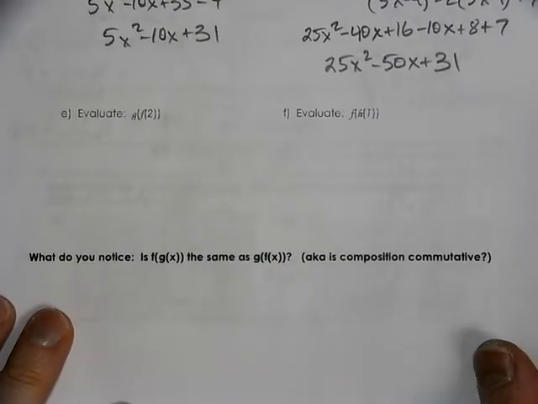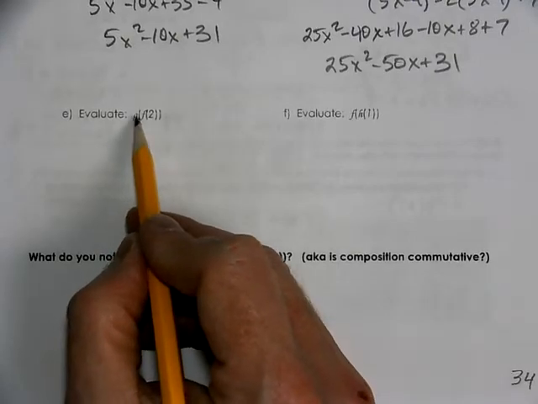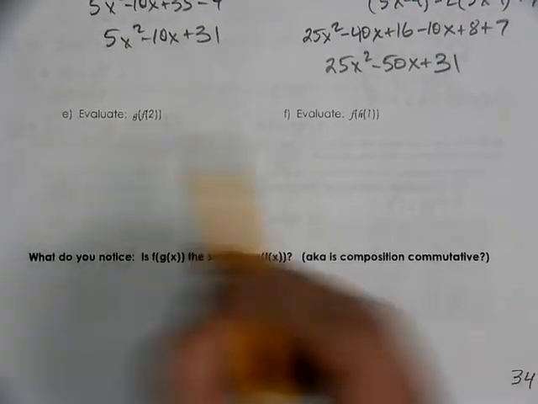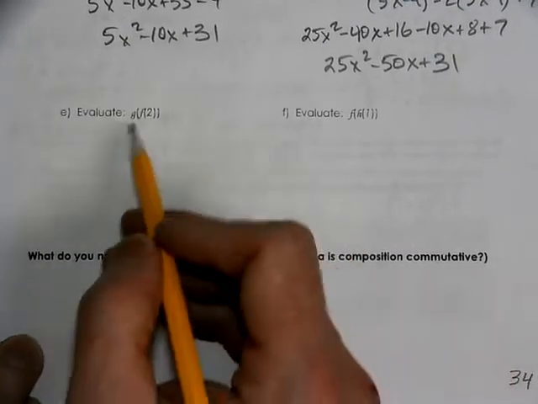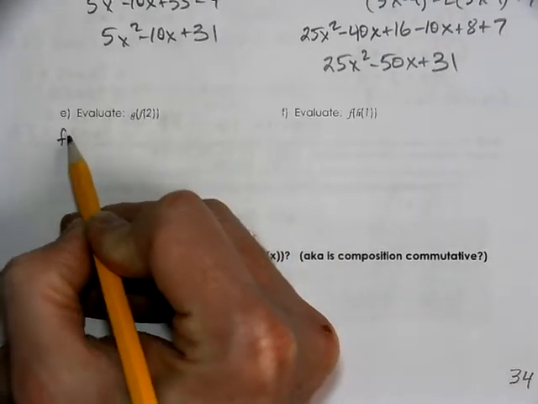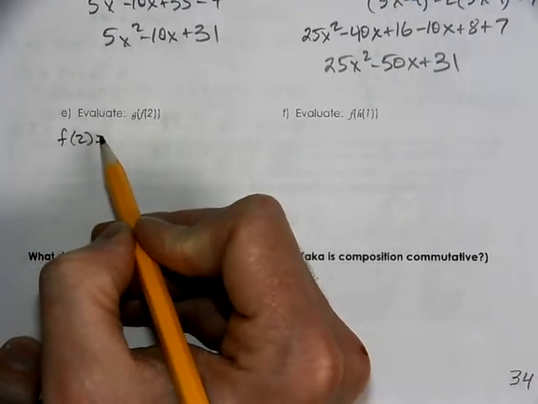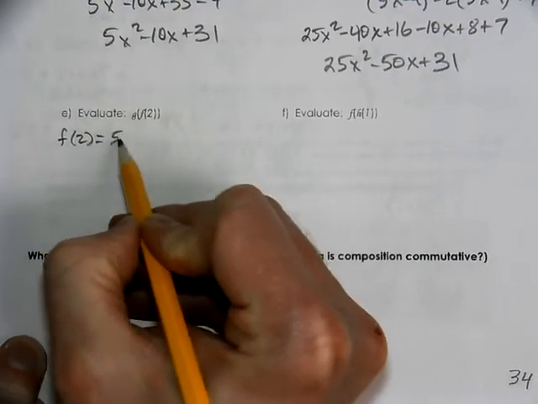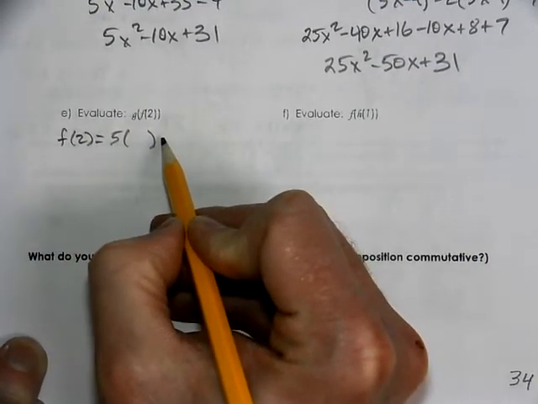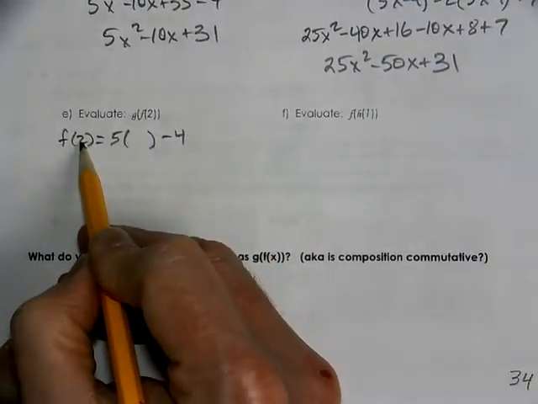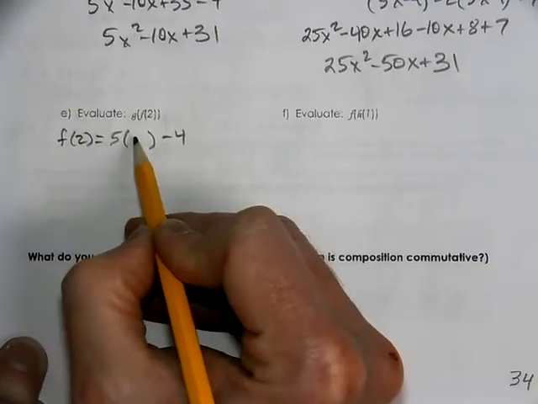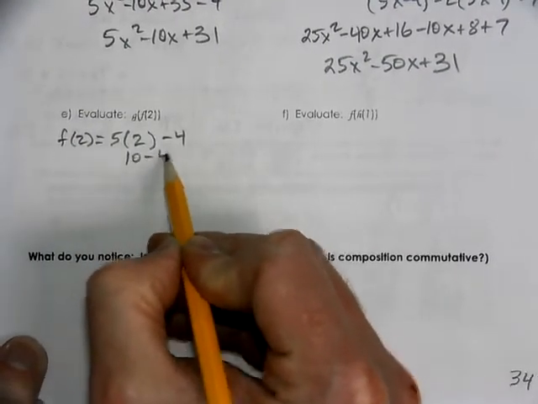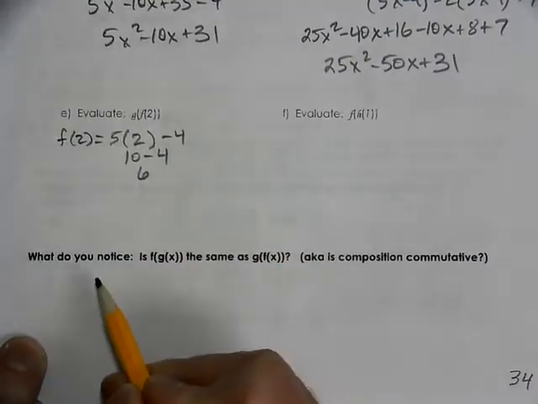Down here we are evaluating. This is g of f of 2. I'll do one in each method. So here I'm going to figure out what is f of 2. The f function is 5 times something minus 4. We're going to plug the 2 in place of that x. So that is 10 minus 4, which is 6.